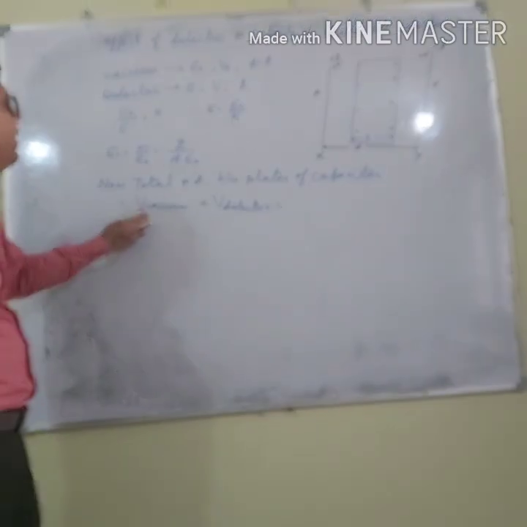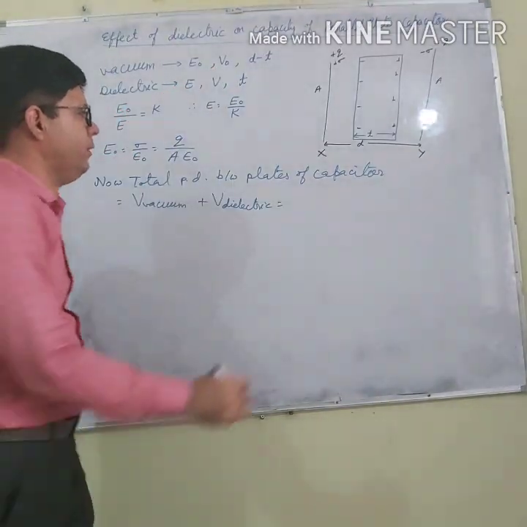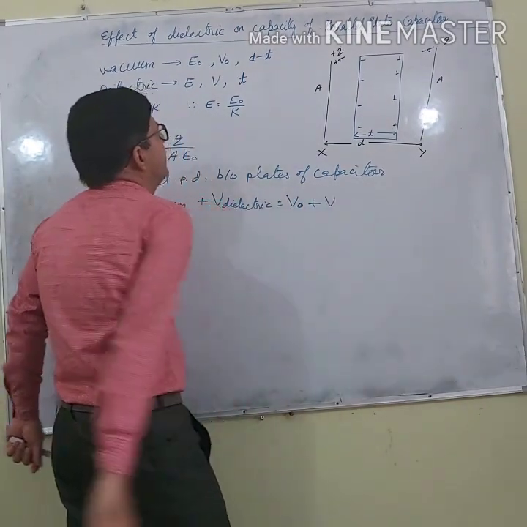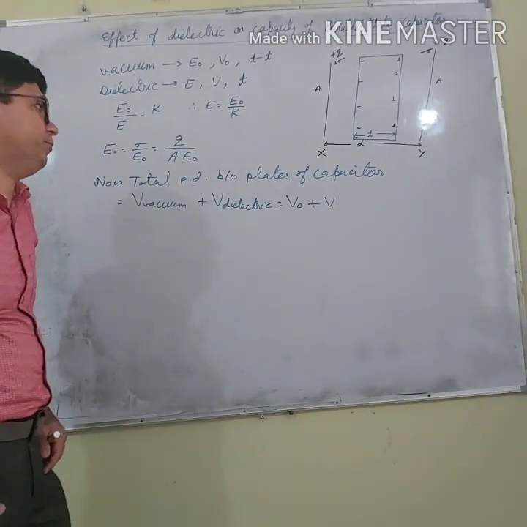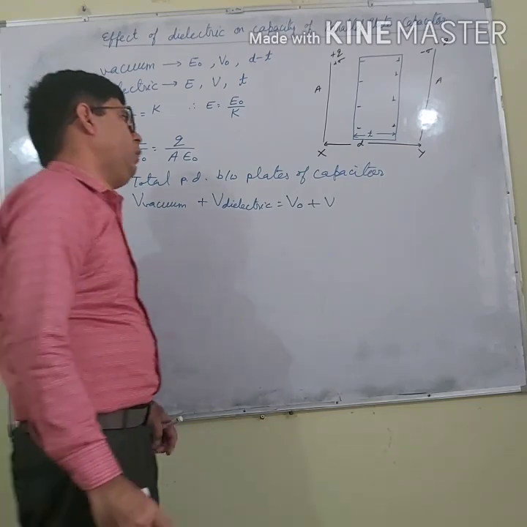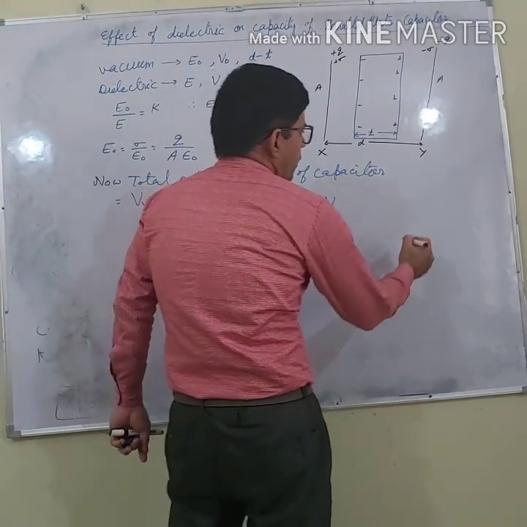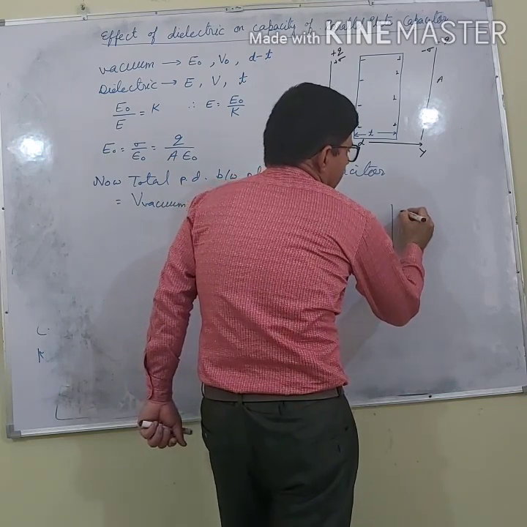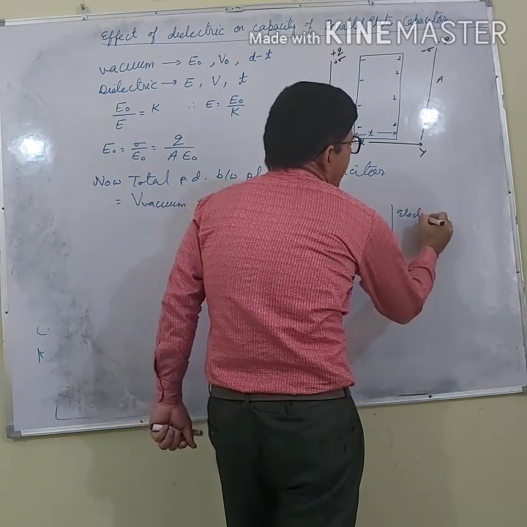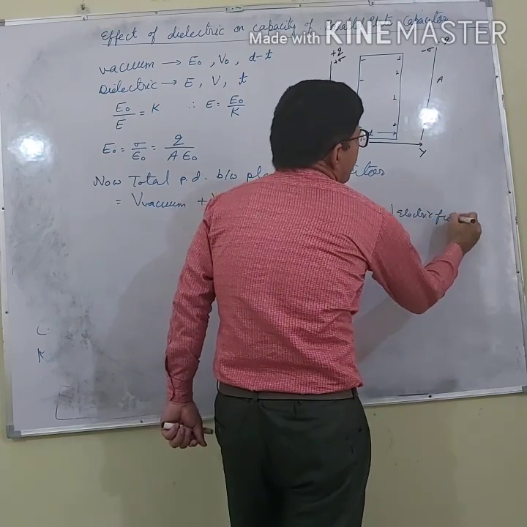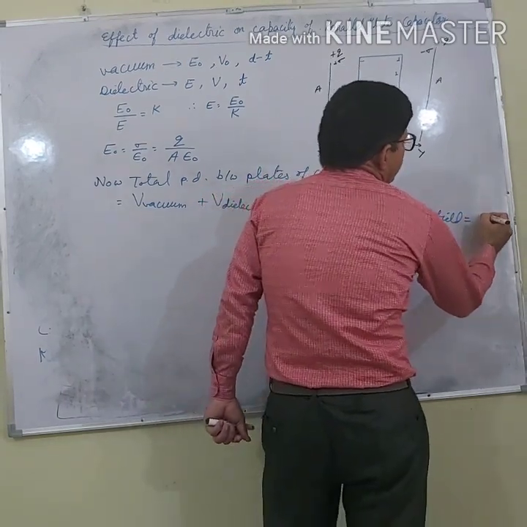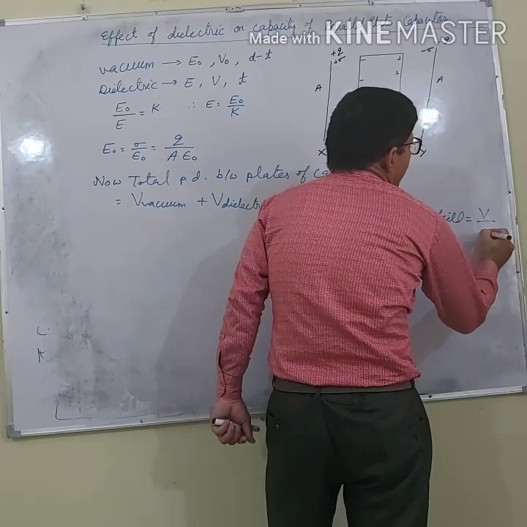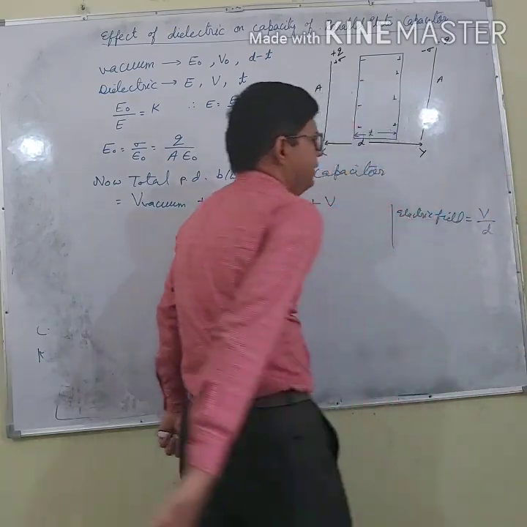We represented vacuum by V naught and the dielectric simply by V. Now we know that electric field equals electric potential upon distance.